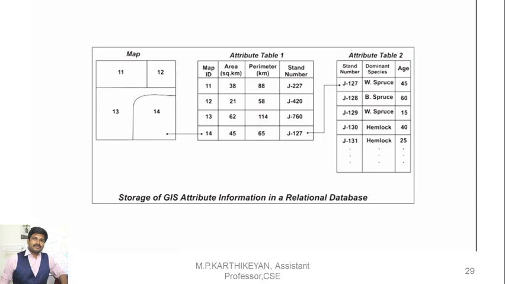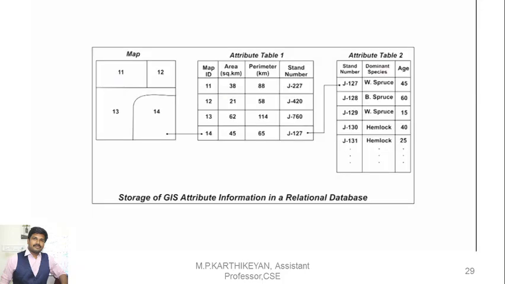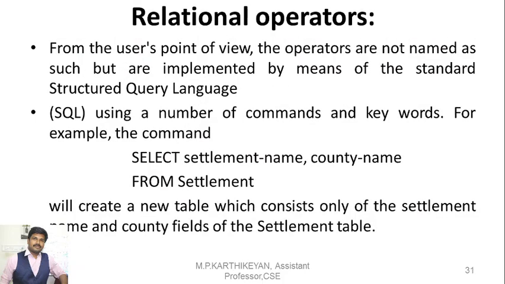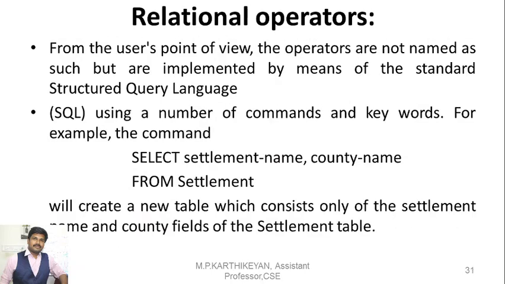The query asks for settlement name and country name, so the settlement names Gittings, Bopton, Puffins, and the country names Downshire, Merryshire, the first column and last column alone will be printed. That is the power of Structured Query Language.